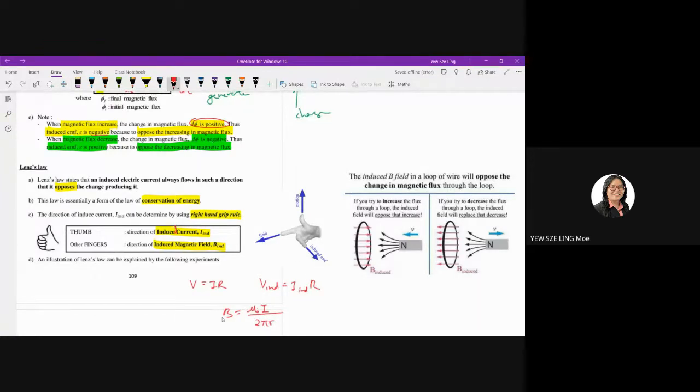I don't memorise the equation, I have to look it up. So if you're calculating some normal magnetic field, then B is from the normal, I is for the normal current. If you calculate B induced, then you must use the I induced over 2 pi r. So that is the idea. They must be coming from the same family. The induced family is for induced information, and the normal family is for normal information.